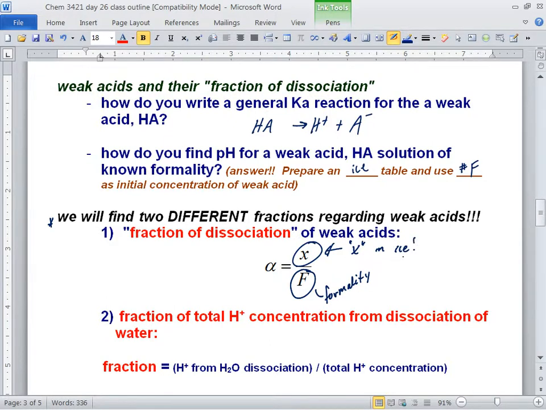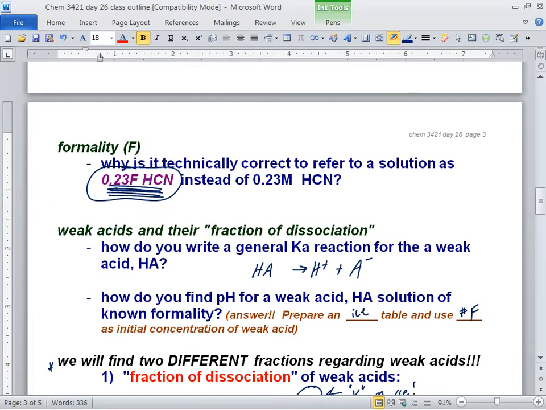That's our x, if you're talking about a weak acid. So that's one fraction we are concerned with, alpha, the fraction of dissociation of weak acids. Another fraction is the fraction of the total hydrogen ion concentration from dissociation of water.